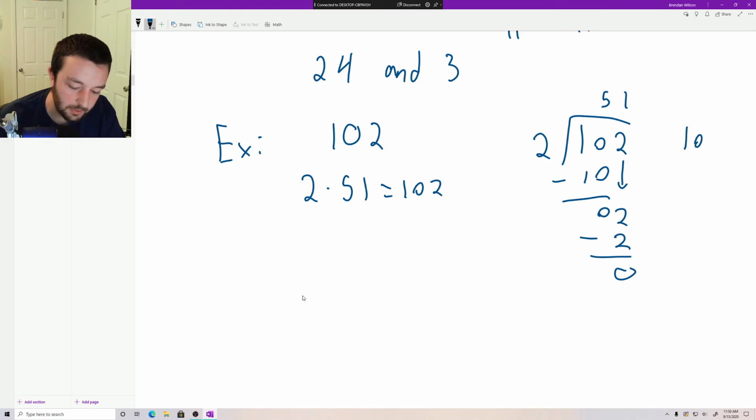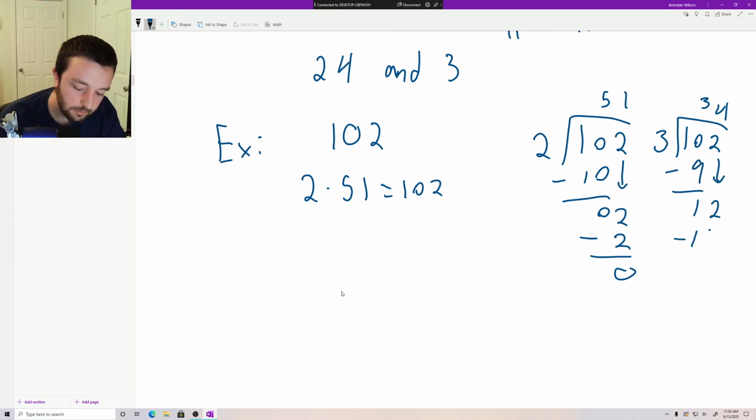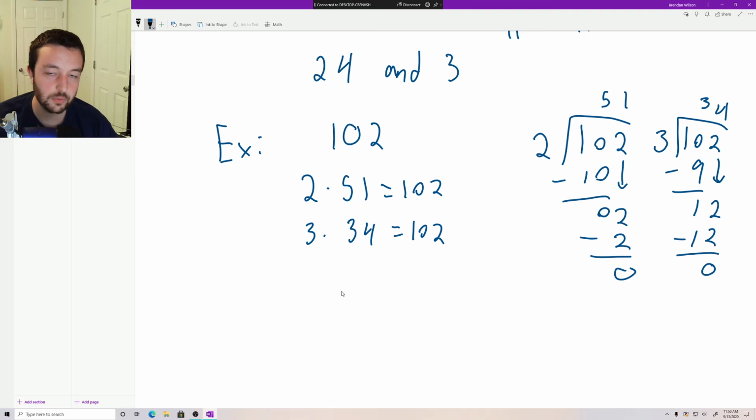We know it's divisible by 3 also, so we can try that out. Right, so we just do the long division. 3 times 34 equals 102. So we have 2 and 51, 3 and 34. These are factors of 102.